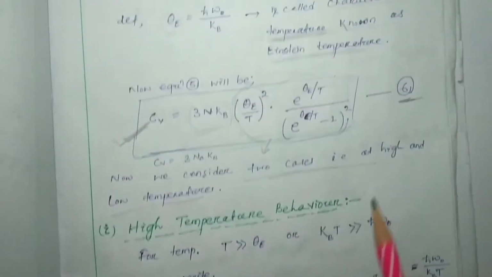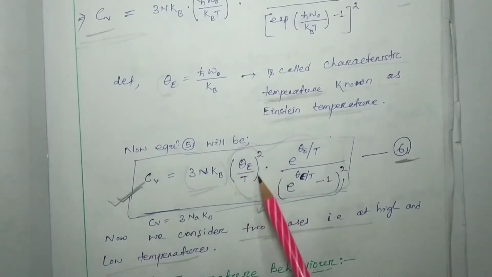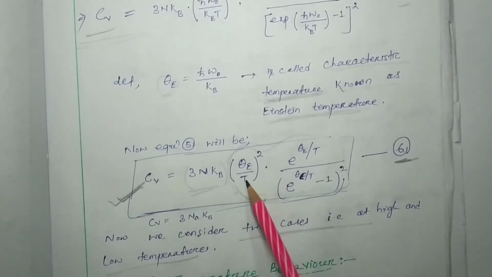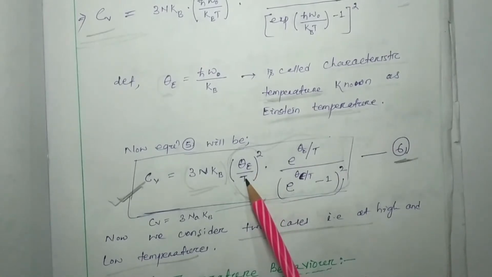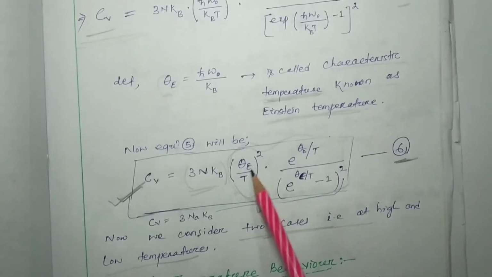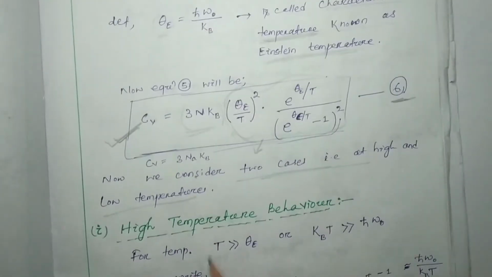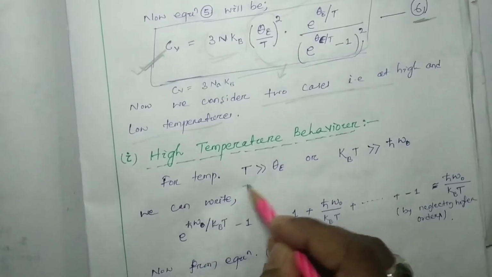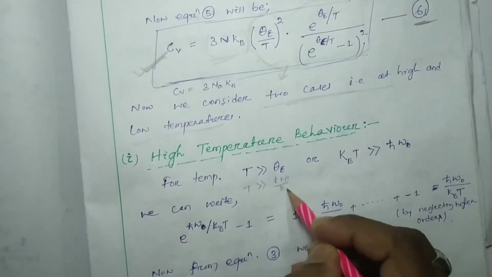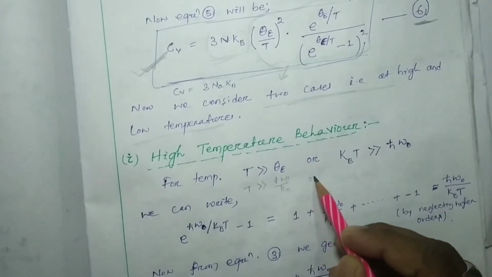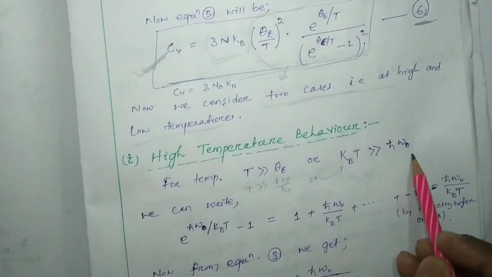That means, if we consider theta E by T as compared with theta E, if T is greater, then theta E is nothing but h cross omega by kB, right? So T is greater than h cross omega 0 by kB, or we can write kB into T greater than h cross omega.